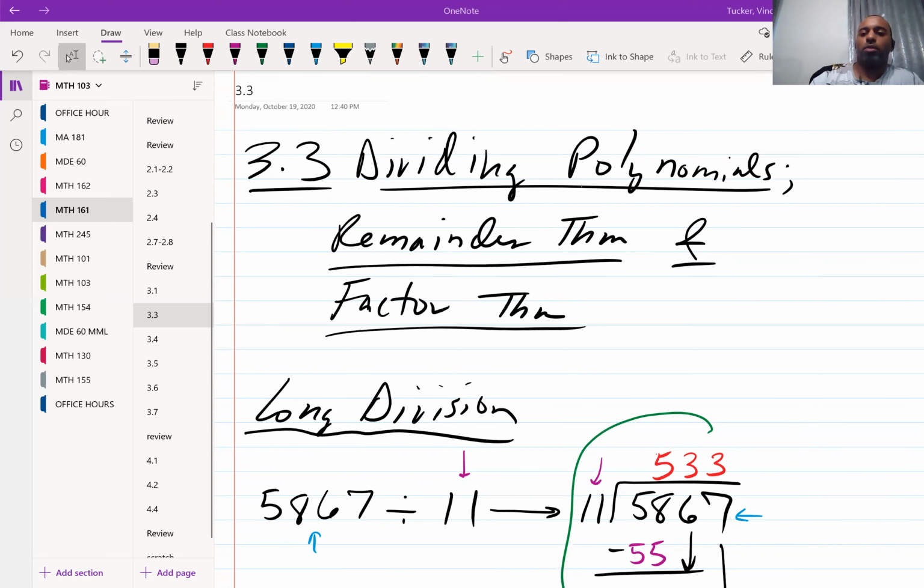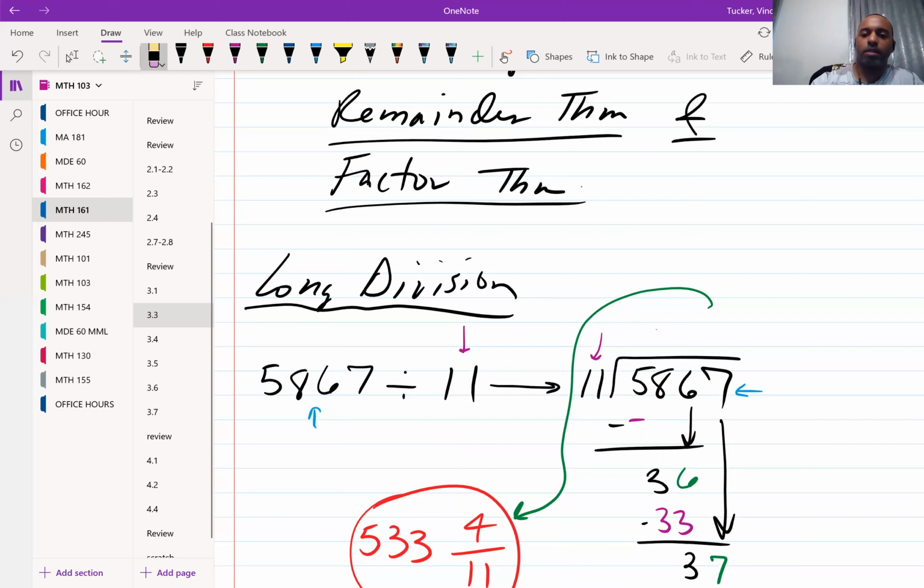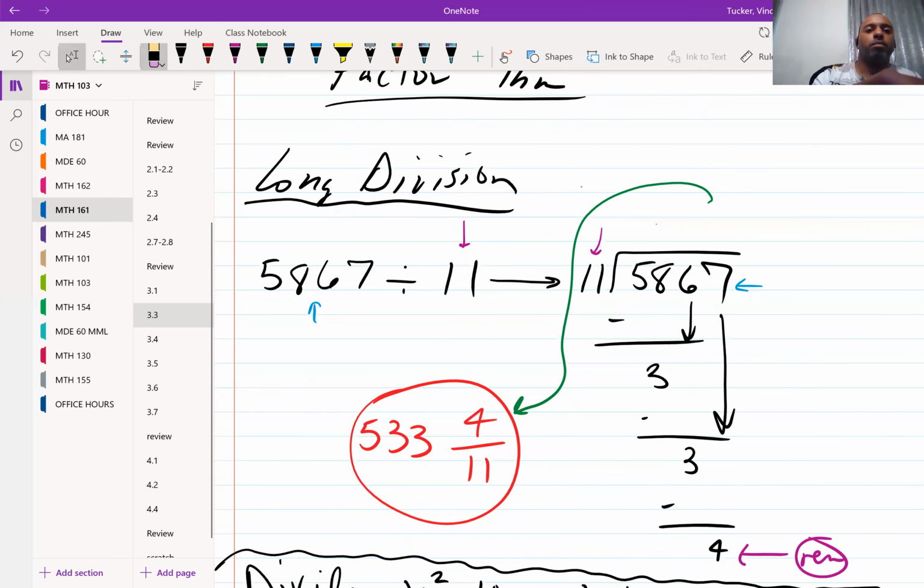All right, so I'm going to erase some of the stuff down here so we can walk through the process of long division. I know you guys know this, but this long division process is the same process that we're going to use when dividing polynomials using long division.